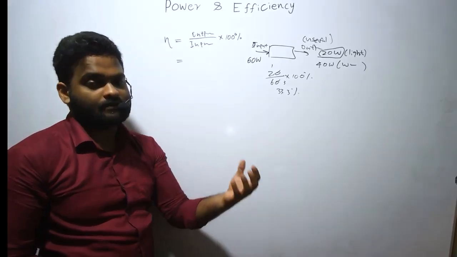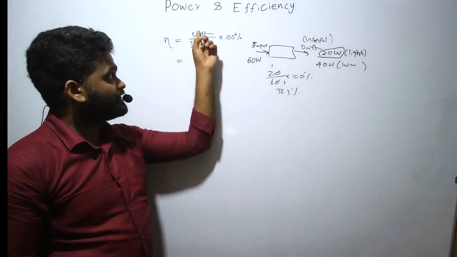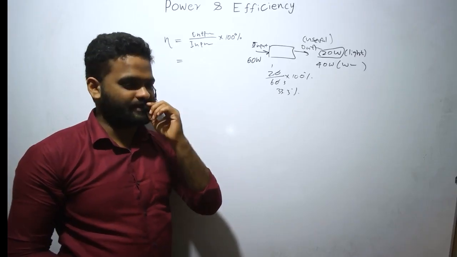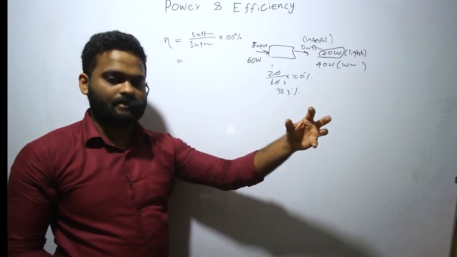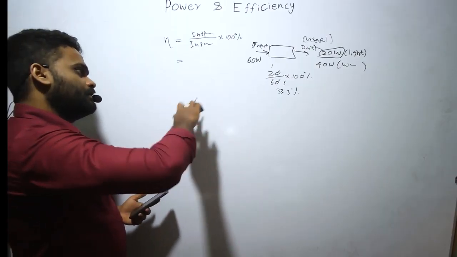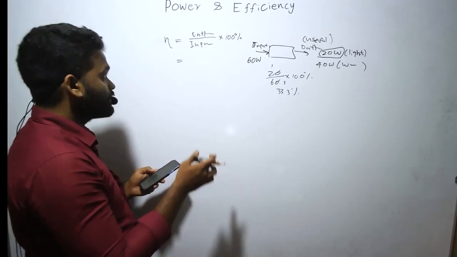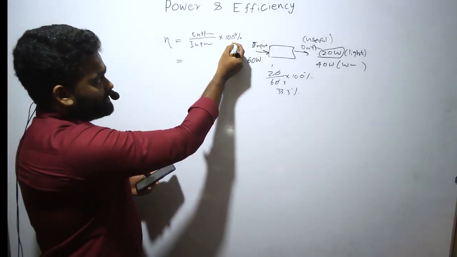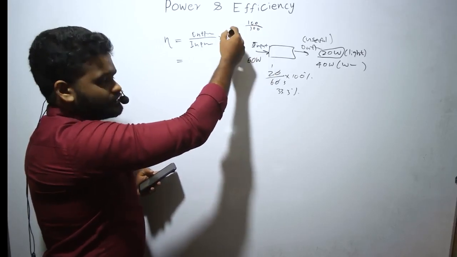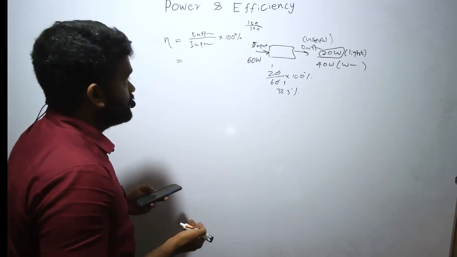Practically, we don't have a machine that has output equal to the input. Always some part of the energy is wasted. We'll move on to the question. So this is the equation. You know that 100% is 1, 100 divided by 100. You can write this or you can just neglect it when you are doing the questions if you want.